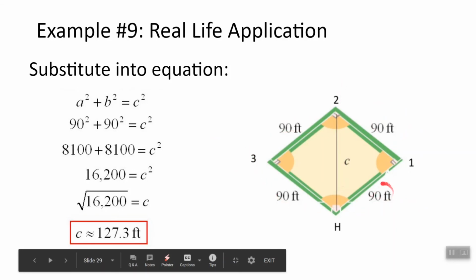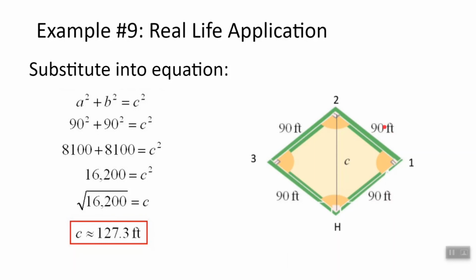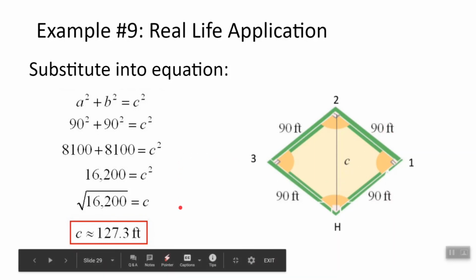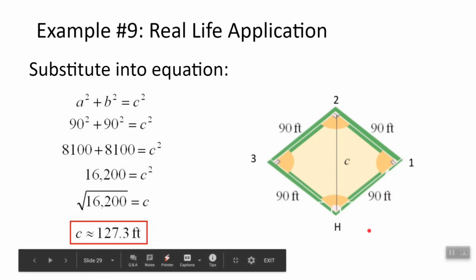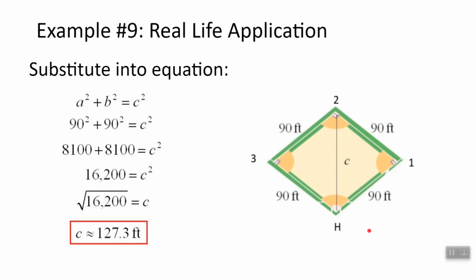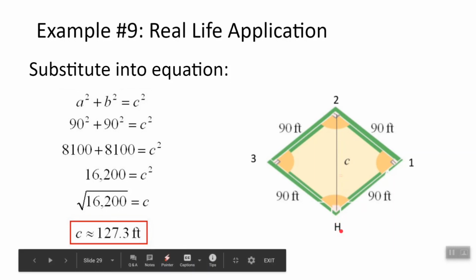So 8100 plus 8100 is equal to 16,200, and 16,200 is equal to c squared. So you would have to take the square root of both sides, so you would get c is equal to the square root of 16,200. So c is about 127.3 feet.